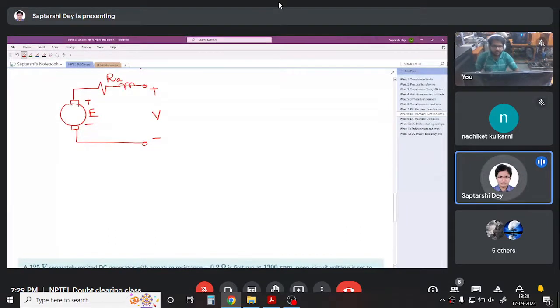But in this paper, we are concerned only with the steady state operation of DC machine. So we only draw this armature resistance.